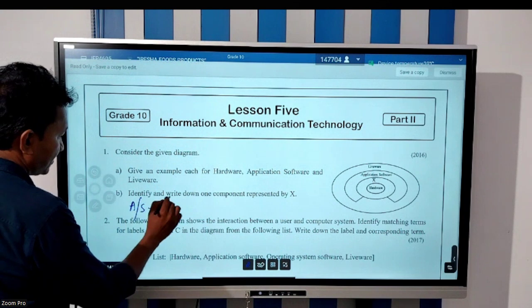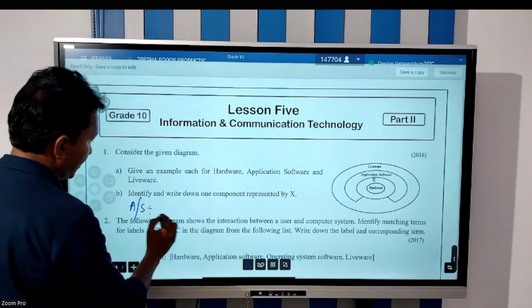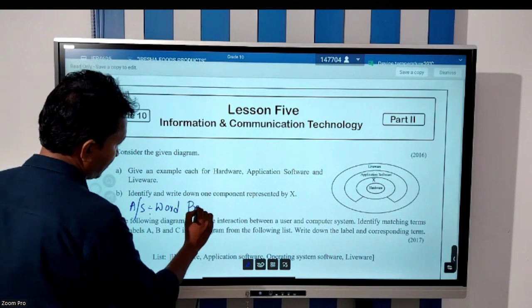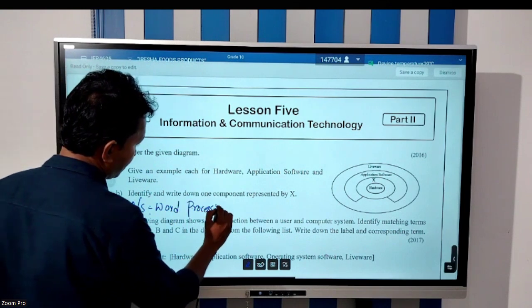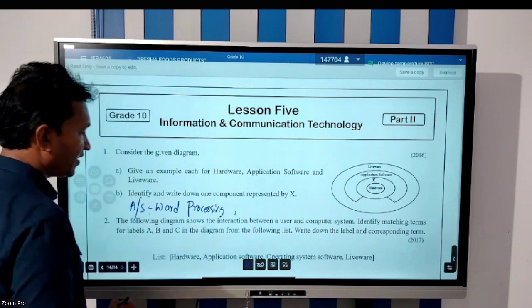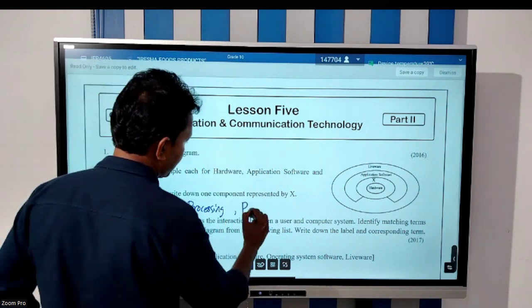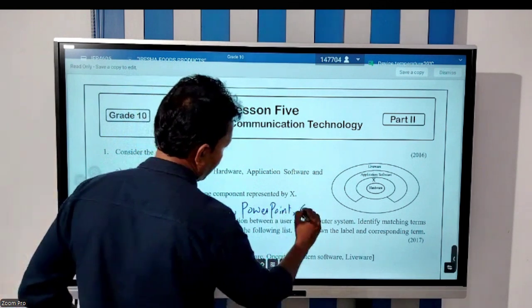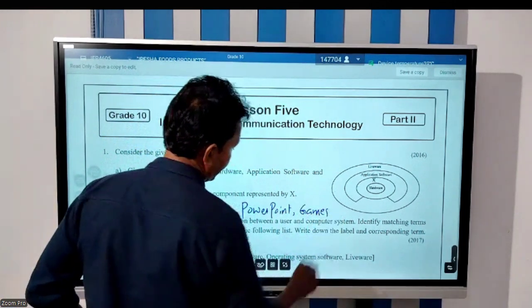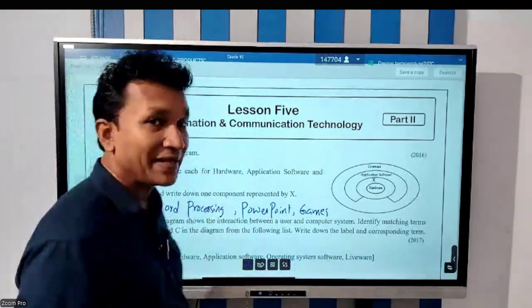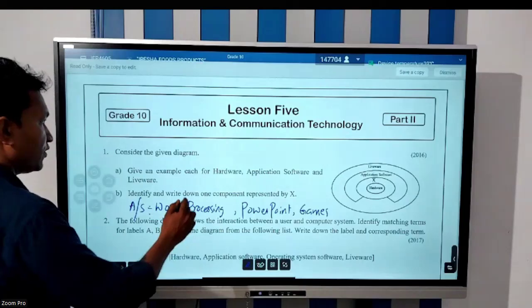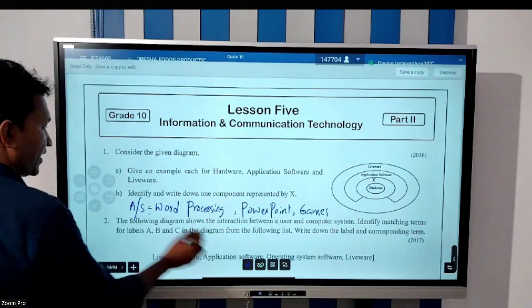We can write word processing software, PowerPoint software, gaming softwares. So there are a lot of application softwares. We can write any one of these things for application software.